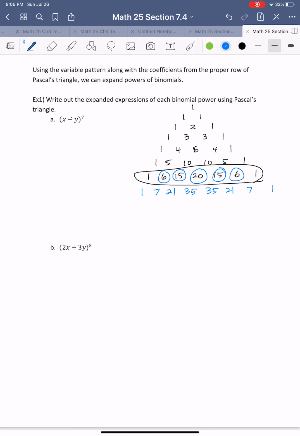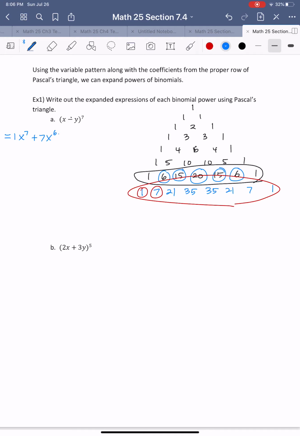Now I have 1 times x decreasing, y increasing, but there's no y term for this one. And plus, sorry, yeah, I'm not using this one. So now I'm using these coefficients, okay? So I'm using 1, then now 7.